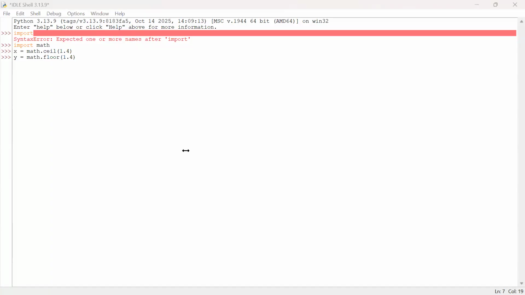I'm sure those two functions look familiar, right? Yes, sir.